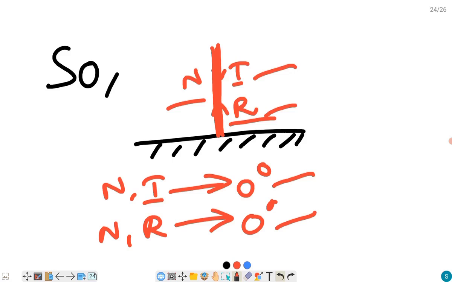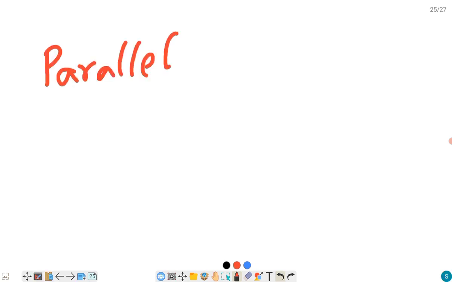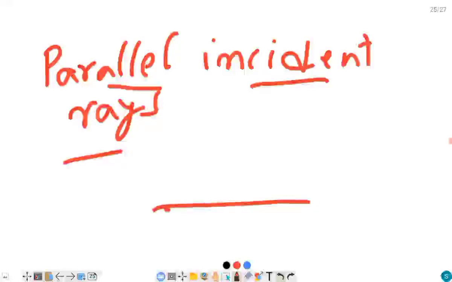Okay. Now, let's see what happens when we have parallel incident rays on a smooth surface. Parallel incident rays means you need to take a parallel beam of light. That's all.